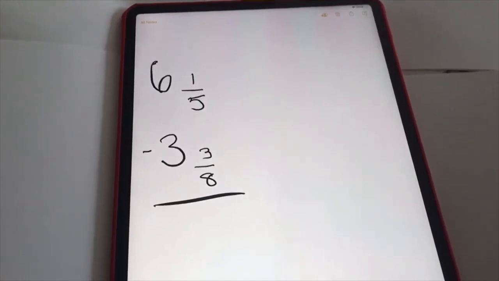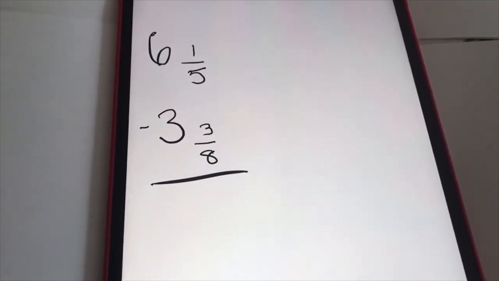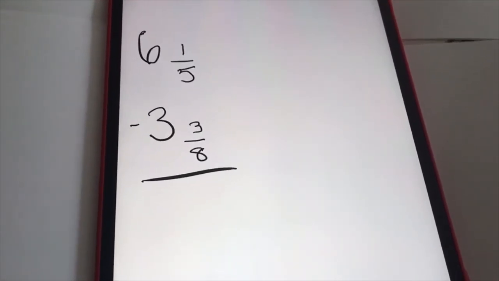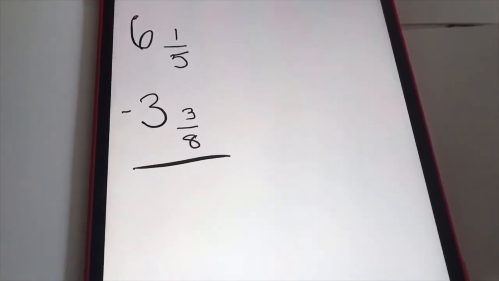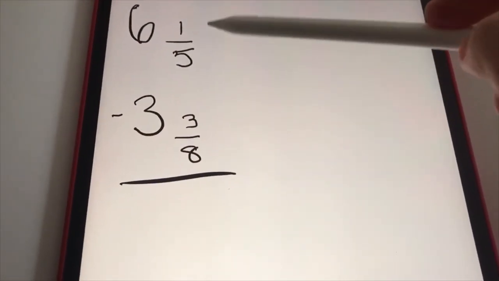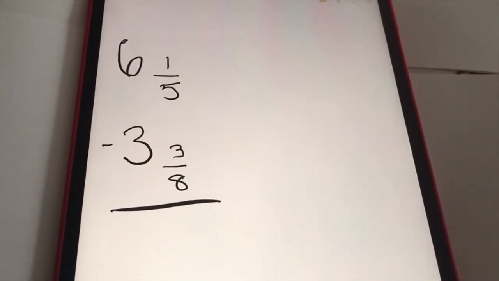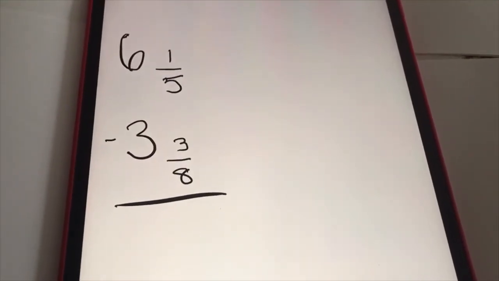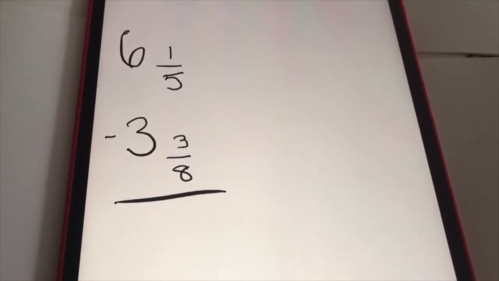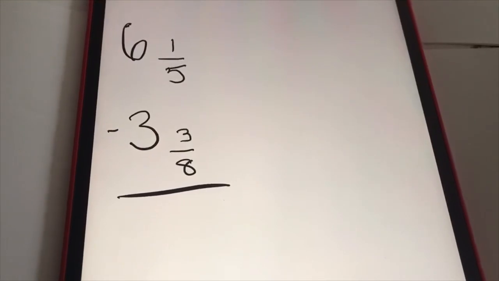Okay, so now we're going to get a little bit more challenging here. All right, so we have 6 1/5 minus 3 3/8. So some of you might be saying, well, I don't know if 1/5 is greater or less than 3/8. So remember those benchmark numbers that we have talked about: 0, 1/2, 1, 1 1/2, okay?